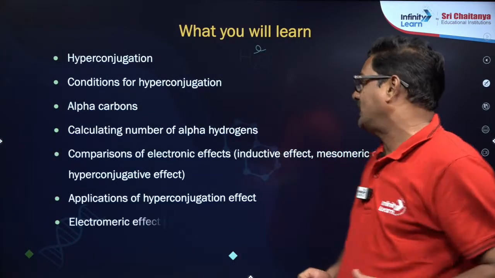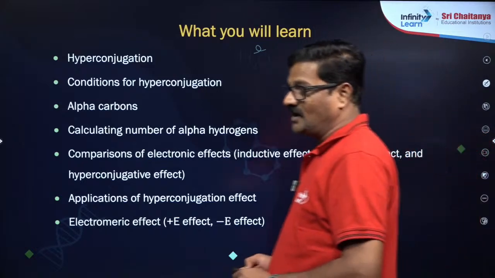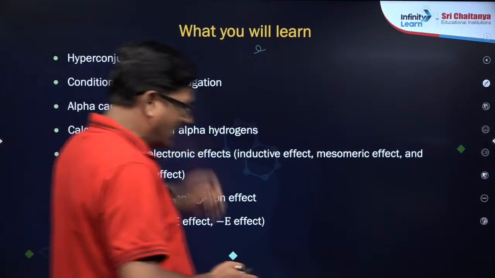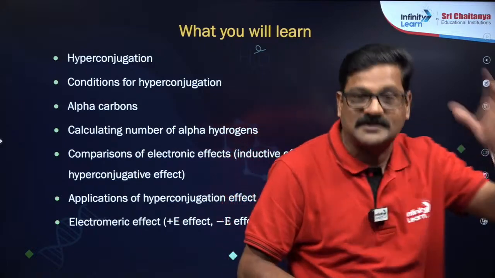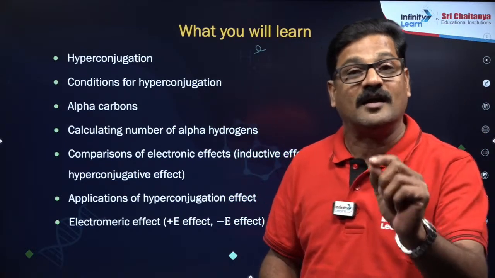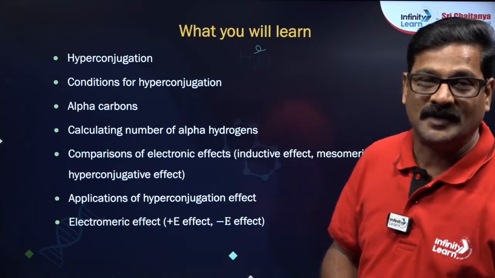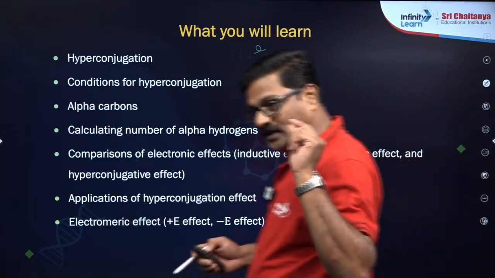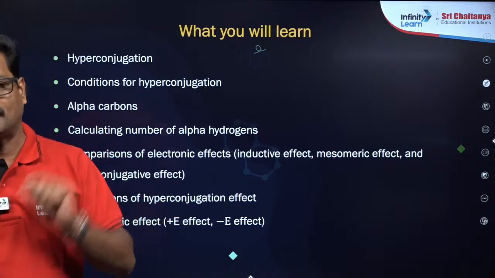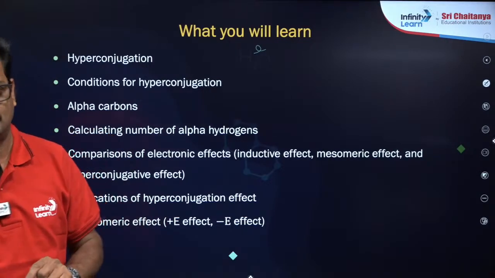So the plan: hyperconjugation, conditions for hyperconjugation, and alpha carbon. The key point in identifying hyperconjugation is finding alpha carbon and alpha hydrogens. I will tell you a simple trick to find the number of alpha hydrogens, alpha carbons and hyperconjugation structures.